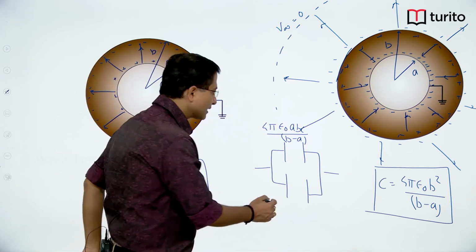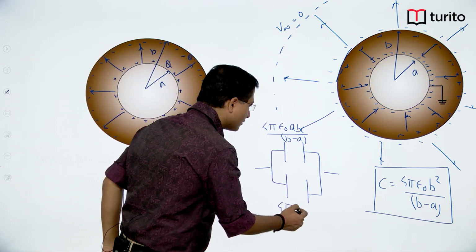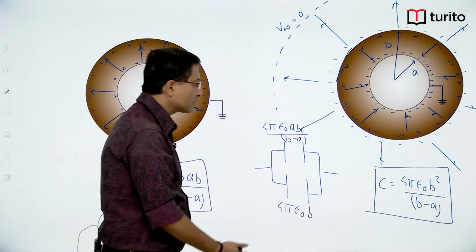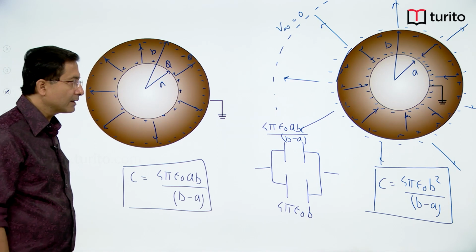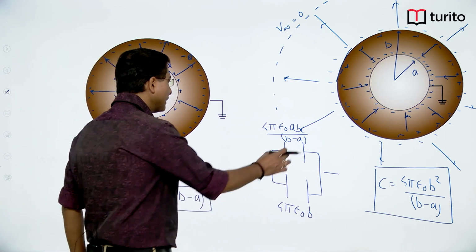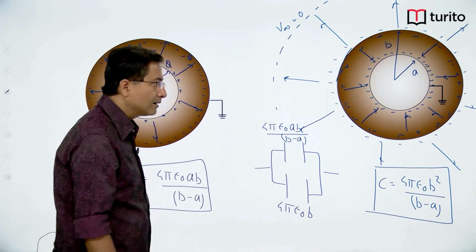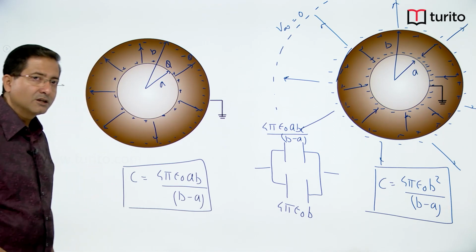So, I can write its capacitance as 4 pi epsilon naught B. I am using the formula for an isolated spherical conductor, right.